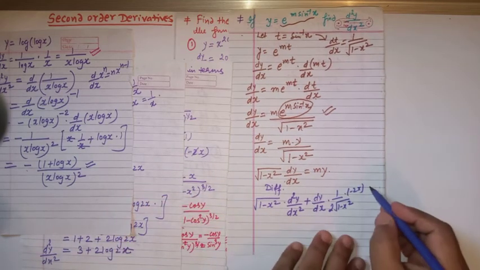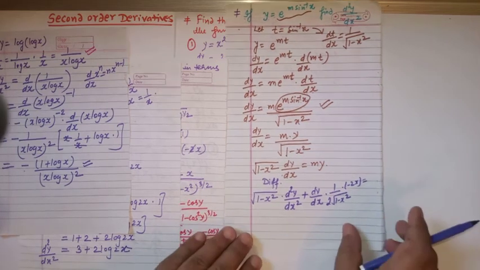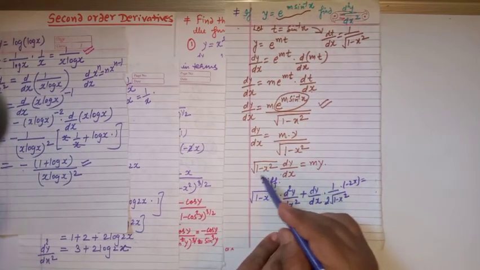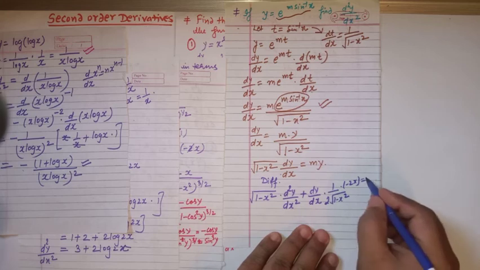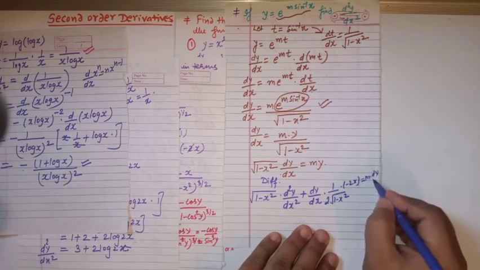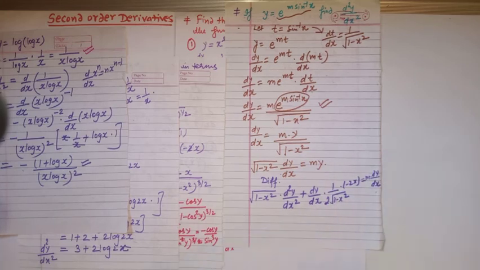And this is equal to, because we are differentiating both sides, m times dy over dx.